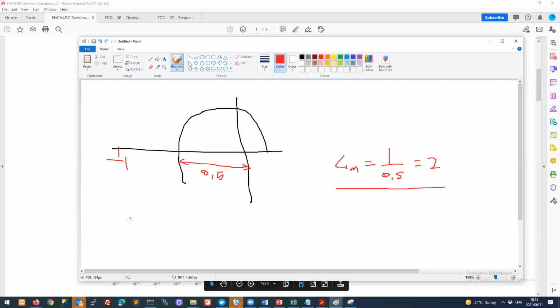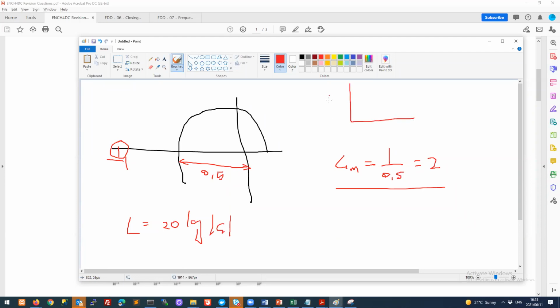So L is the log modulus of the magnitude, so 20 log 10 of the magnitude of G. So on your Bode diagram, you can draw that critical value. We know that this is a 0, right? On your Bode diagram, you've got L against log omega, and you can draw the 0 line there.